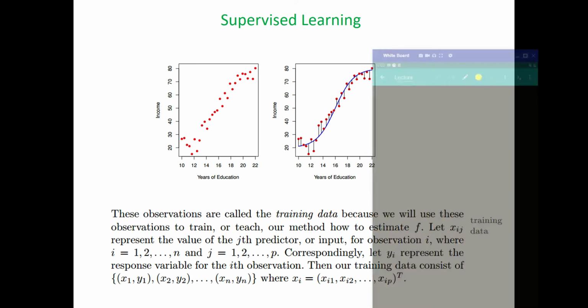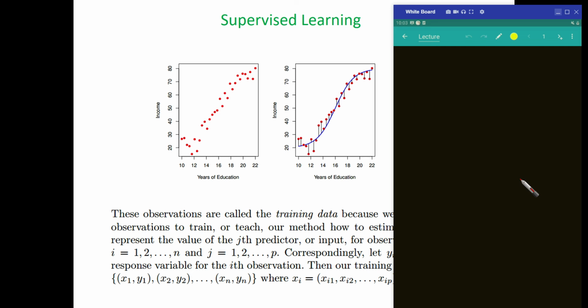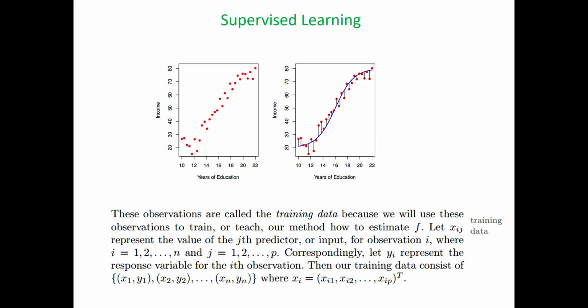Okay, so we think about it like this: generally we have n observations, or n training data, so i equals 1, 2, up to n. This is our number of observations.